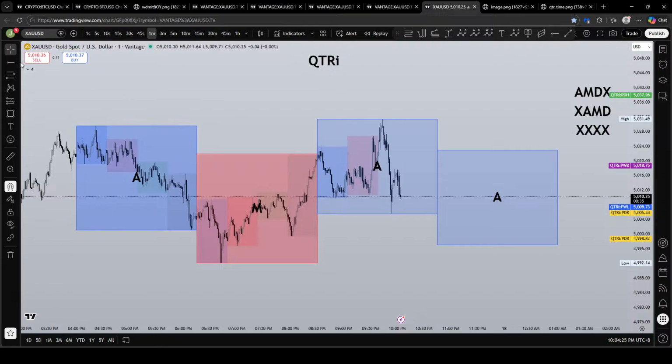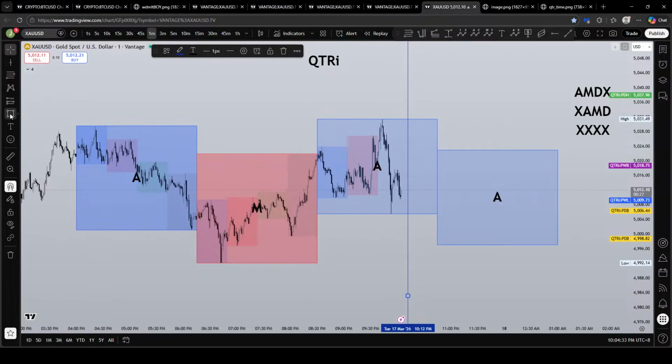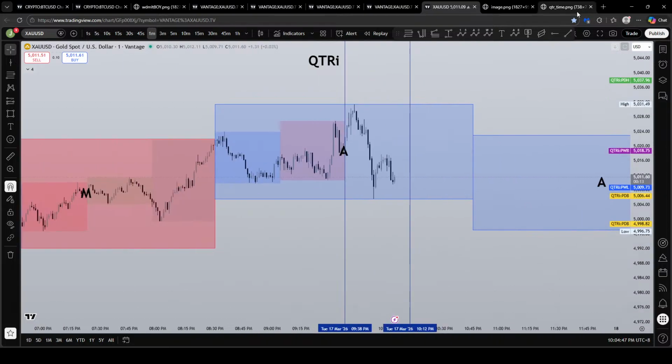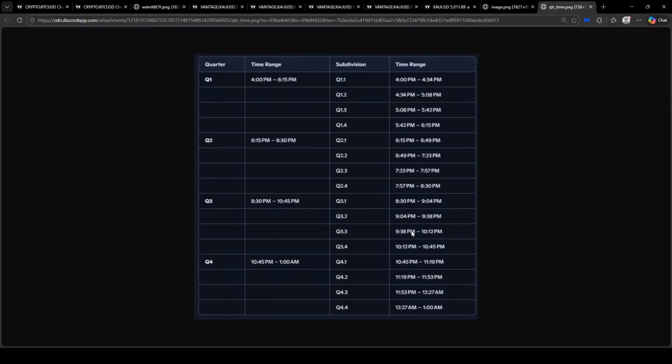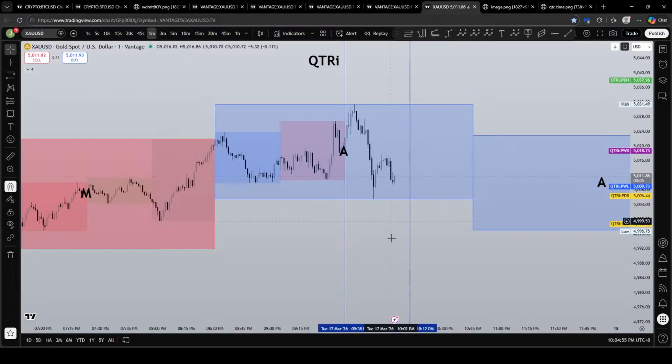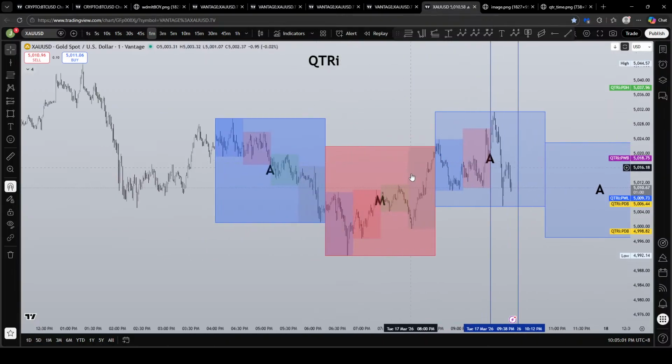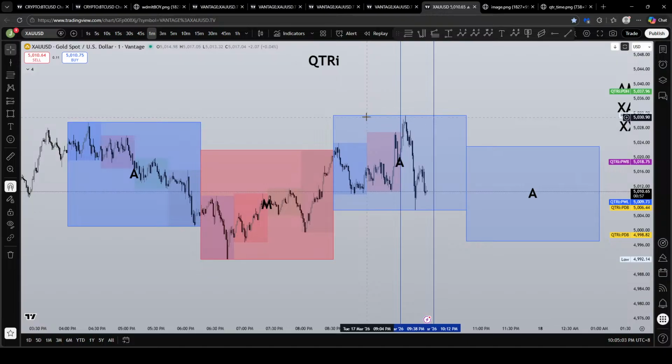And what is the time window for sub-quarter 3 of quarter 3? The time window is between 9:38 to 10:12. Let me just verify that. 9:38 to 10:12.